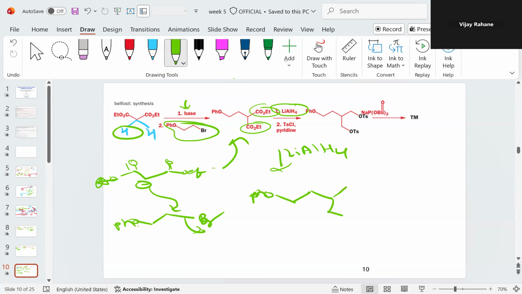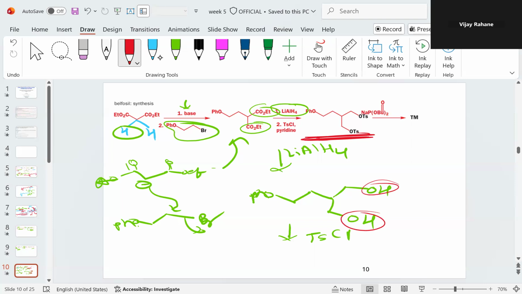Now the ester groups get converted into the hydroxy group. And when we treat this hydroxy group with tosyl chloride, TsCl, both hydroxy groups get protected with the tosylate, as mentioned here.